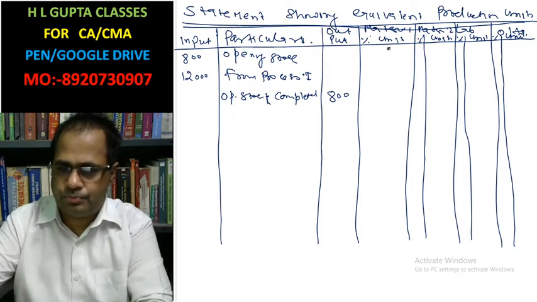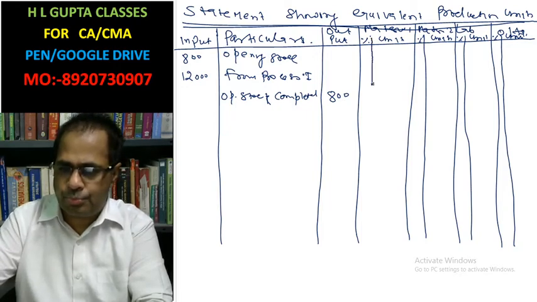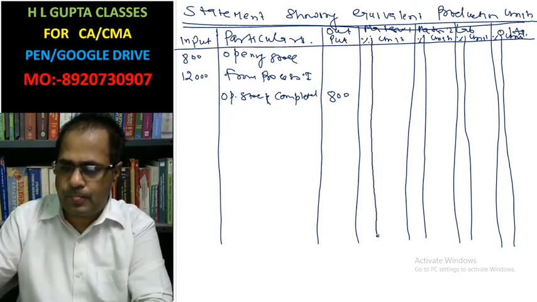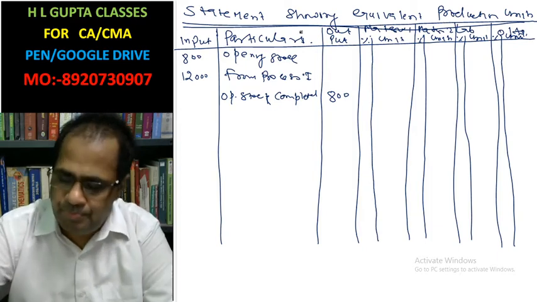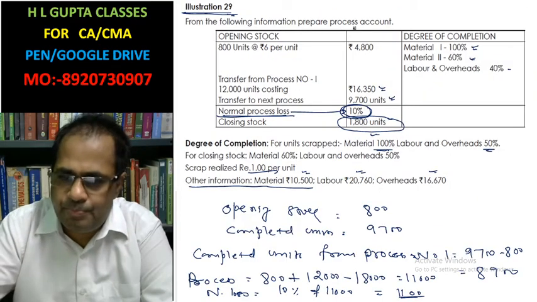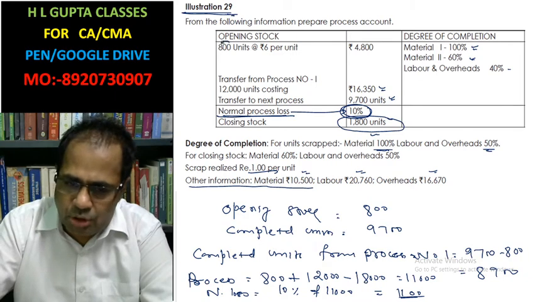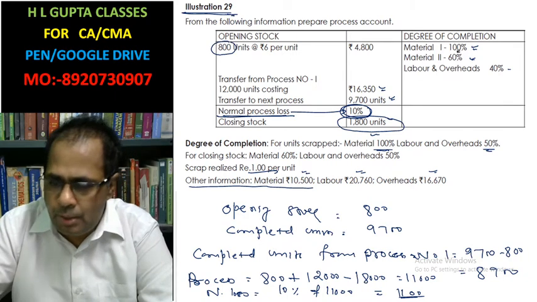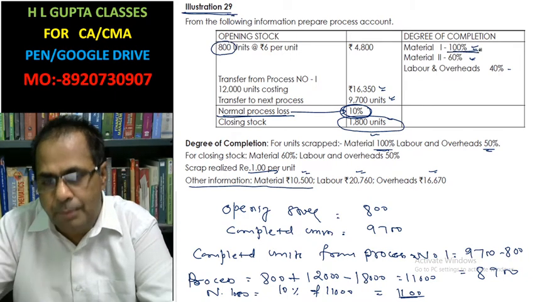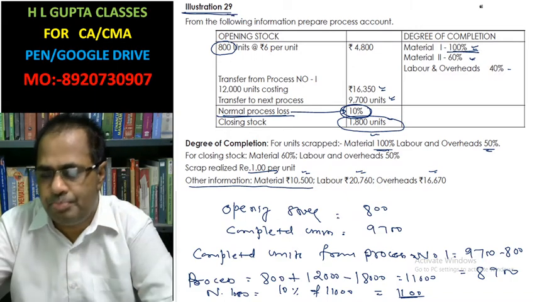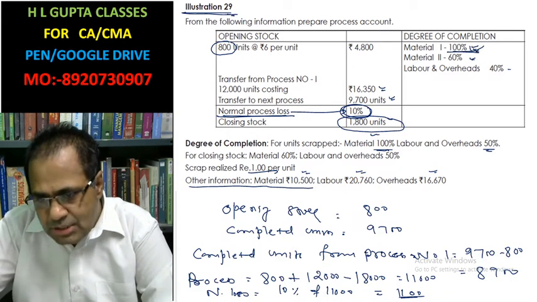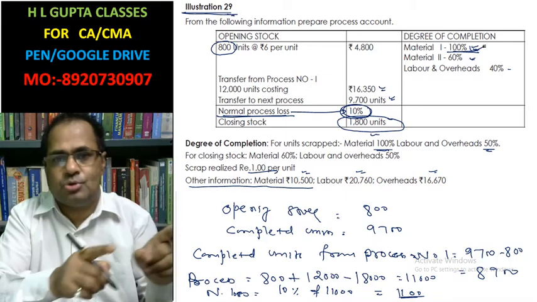In this case, what is being said: this opening stock 800, material first 100% completed in the last process.